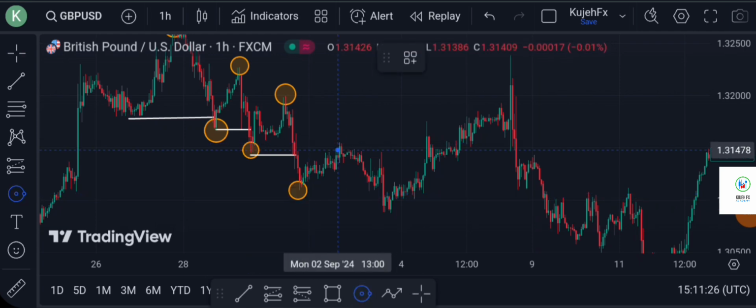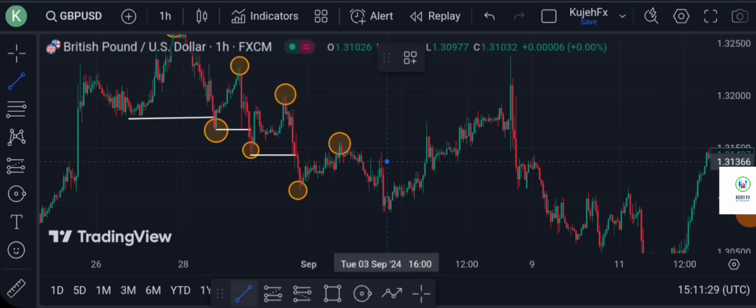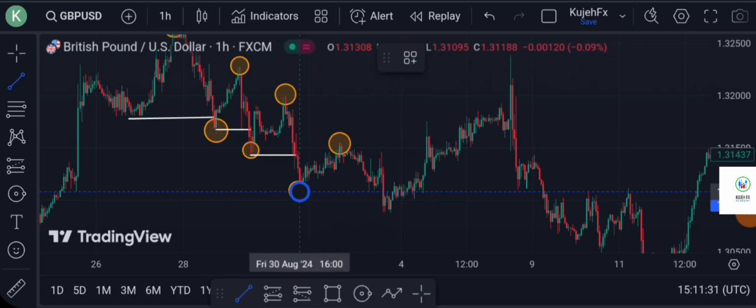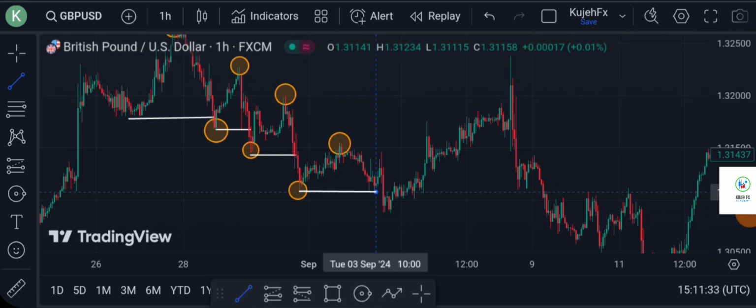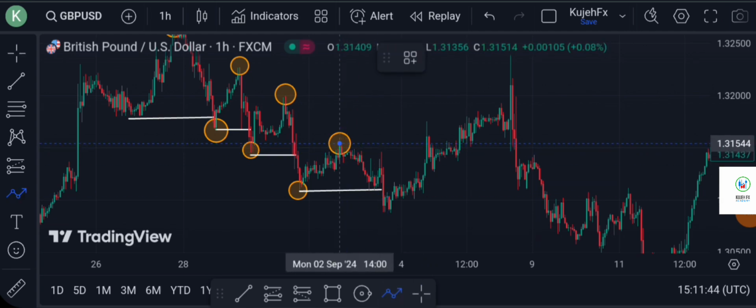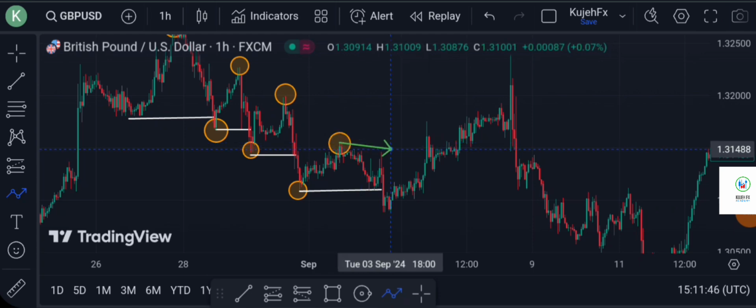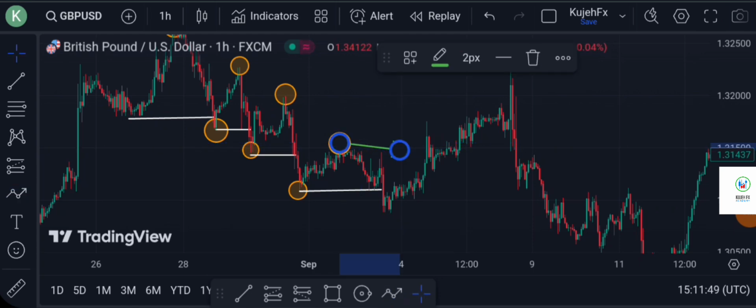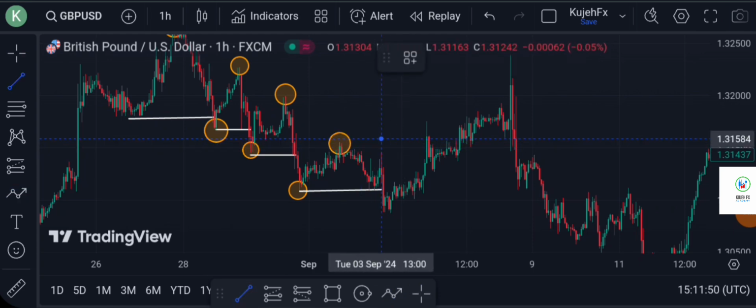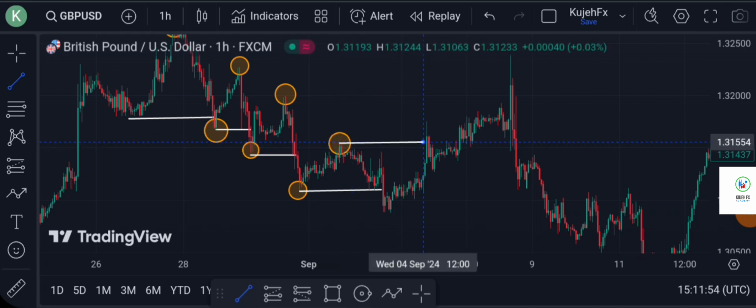So this lower low and this lower high, and what happened? The market breaks the lower low, a break of structure to the downside. And then what happened? Watch very carefully here. Instead of the market continuing its trend downward, the market went back up and broke the lower high that has been formed. So in this case, this is what we call change of character.